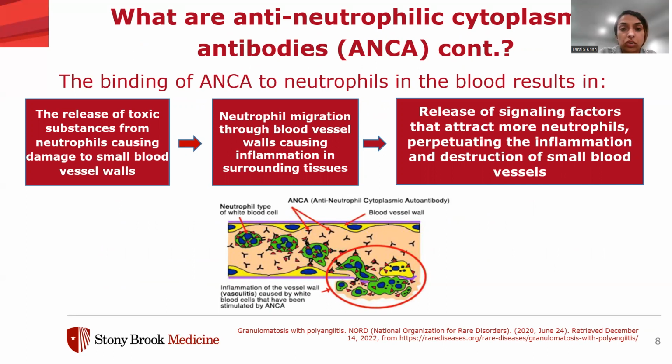And then neutrophils will migrate to this inflammation area, and then it will cause inflammation in the surrounding tissues. And then signaling factors will be released that attract more neutrophils, and it just perpetuates the inflammation. It's like a downstream effect of inflammation and destruction of small blood vessels. And then I do have a picture at the bottom that shows the mechanism that I just talked about, but basically ANCA cause an inflammation of the vessel wall, and that leads to vasculitis.